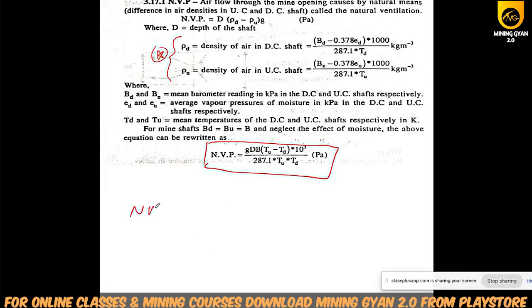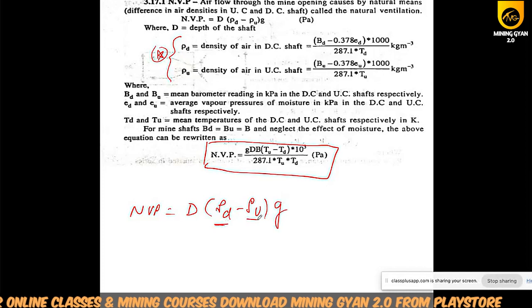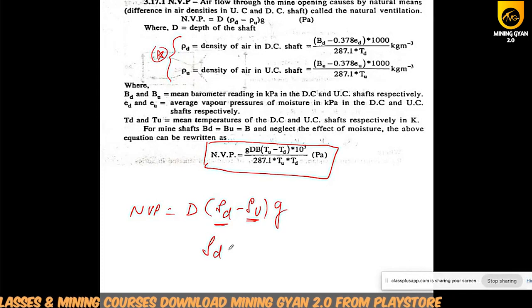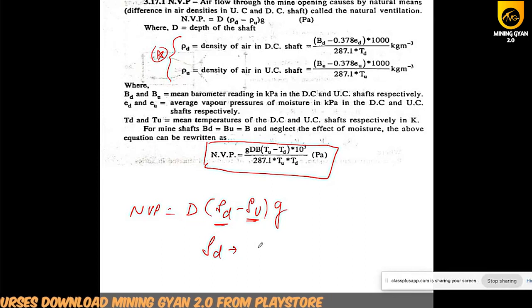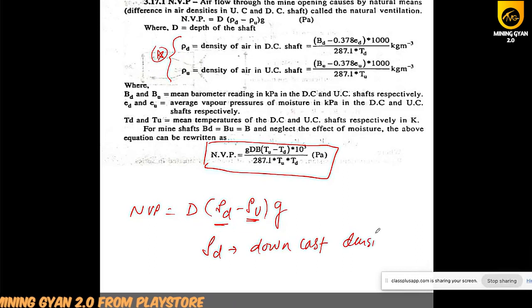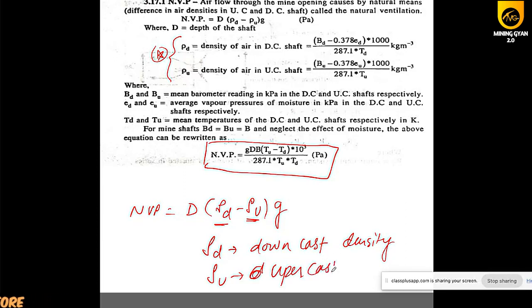We have seen NVP. I think NVP equals D into rho D minus rho U into G. This is the downcast, this is the upcast. Rho D means downcast density, and rho U means upcast density.